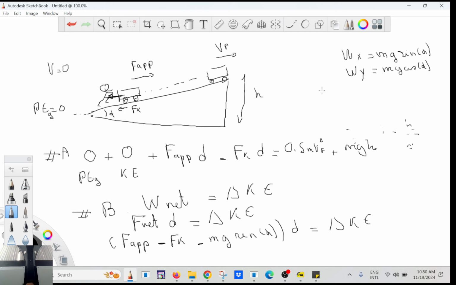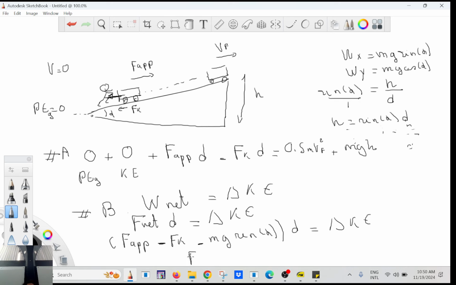Because we're going to have sine alpha equals opposite, which is h, over hypotenuse. So h equals sine alpha times d. So you massage, you shake, and you will get the same thing.